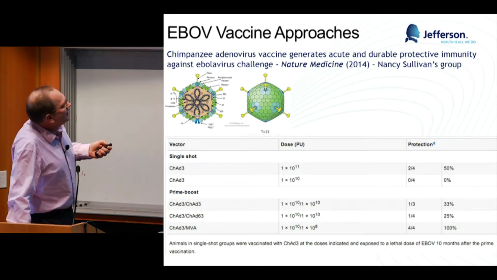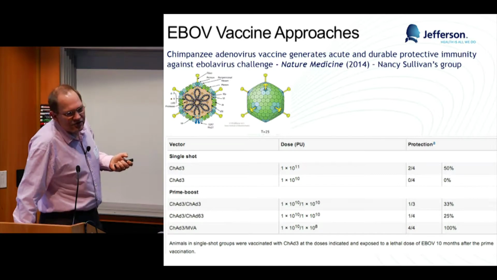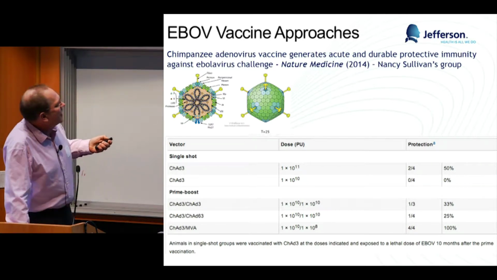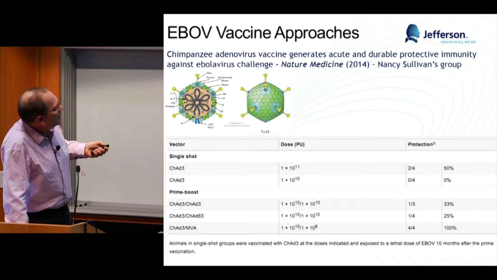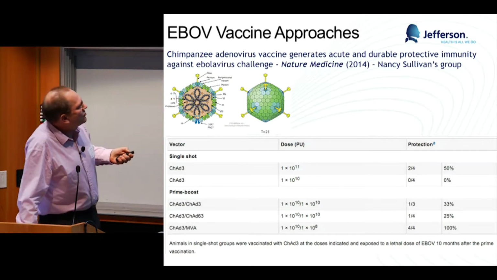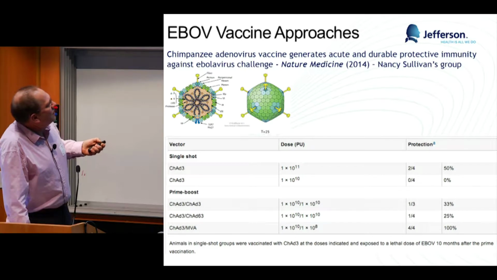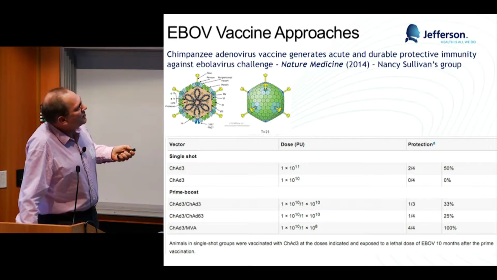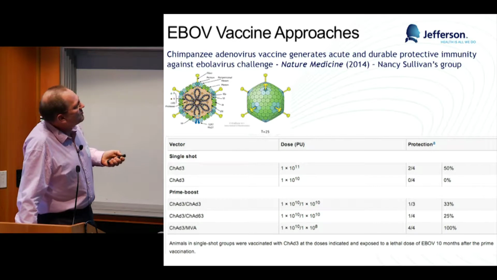So people started, and actually that was initially done for the HIV vaccine, with this chimpanzee adenovirus, chimpanzee adenovirus 3, and there's a 63, and shortly it was shown that if you use that adeno 3, the best one, and give 10 to the 11, which is what I actually used in the human trial too, then you get a good response.